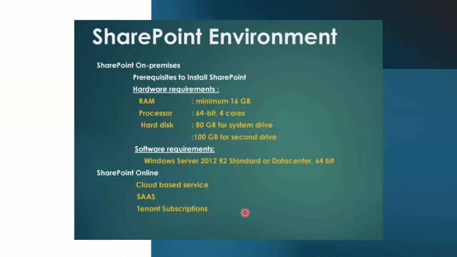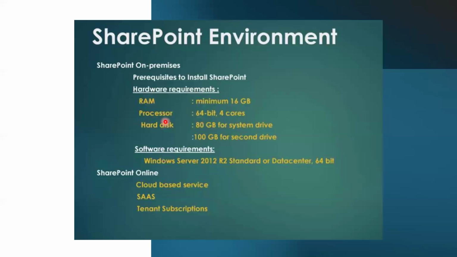Coming to the environment, for SharePoint on-premise we have to procure the servers. There are two types of servers we need to procure: one is the SharePoint application server, and the other is the backend server. The minimum requirement is given here, but based on your business requirement, you need to increase the number of servers or the RAM size.